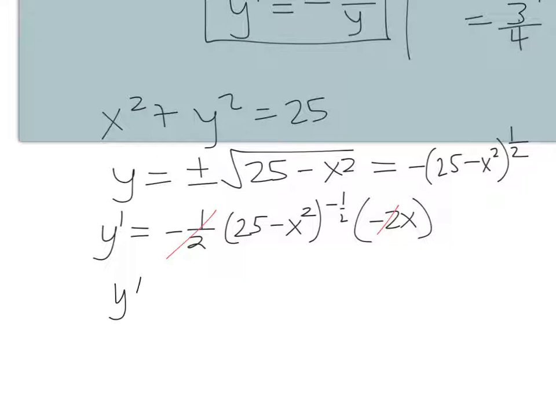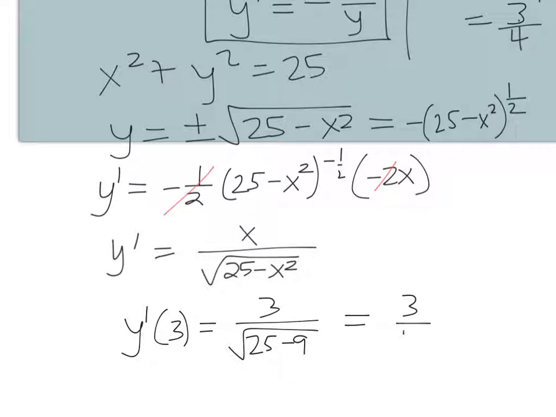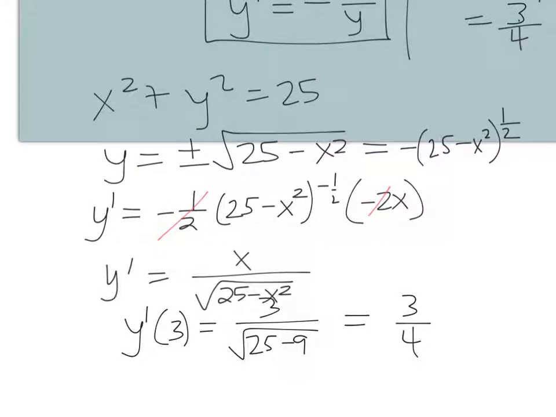I'd end up with y prime is x over the square root of 25 minus x squared, and we wanted it at the y value of 3. So if I look at y prime of 3, I get 3 over 25 minus 9, which is 3 over 4, which is the same thing as I got before. So I get the same answer. So this did work, is what I'm proving to you.